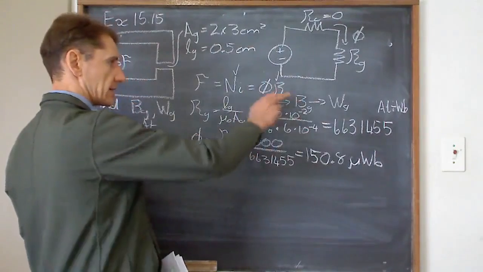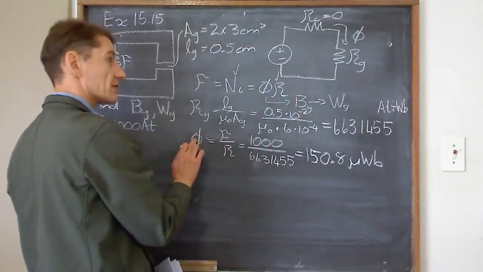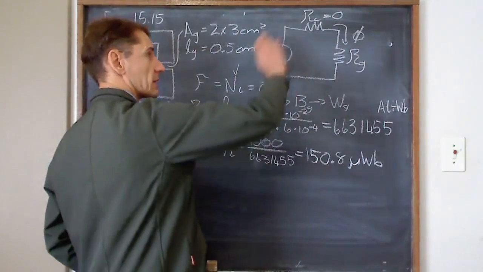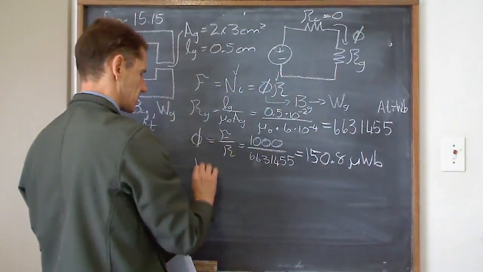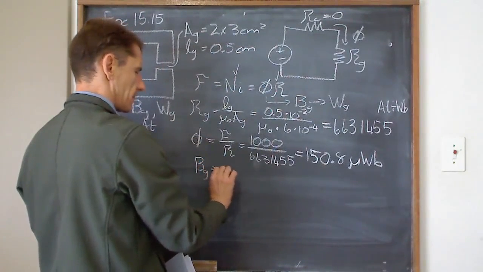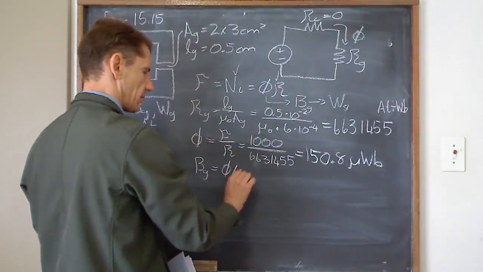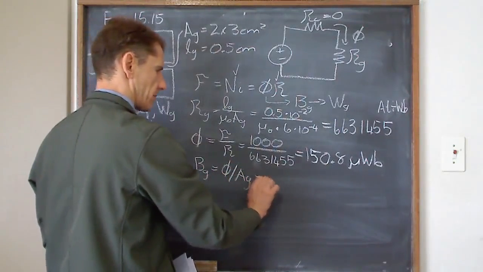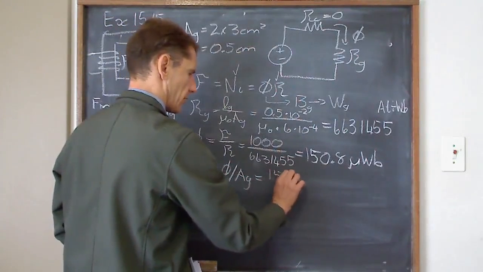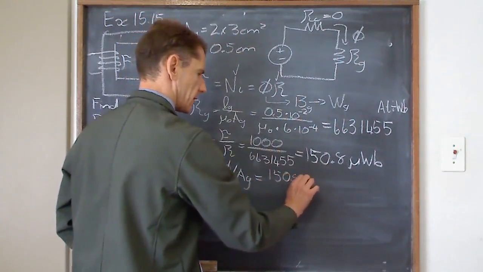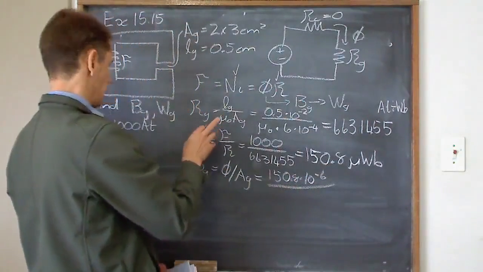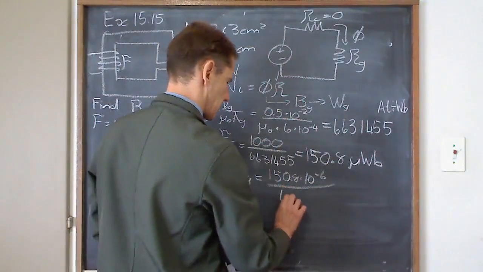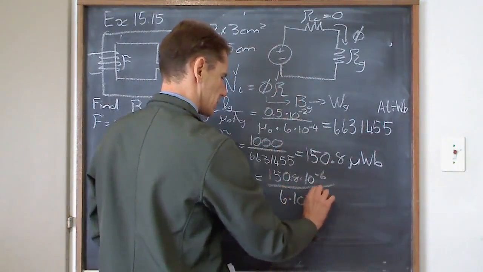Now I've got the flux. Next, flux density. This flux, remember, is the flux flowing everywhere. Everything is in series, so it's the same flux. So Bg is the total flux divided by the area of that gap. It's 150.8 times 10 to the minus 6 divided by the area, 6 times 10 to the minus 4.